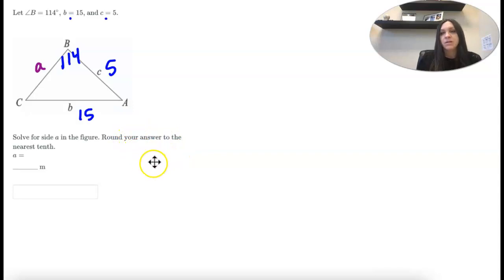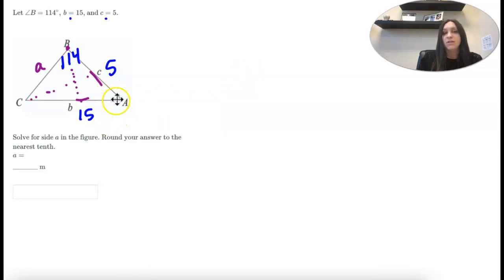Okay, so this is the same thing. We don't have side A or angle A, but we have side B and side C. We can actually use law of sines because this is angle, side, side. So I know this section is law of cosines, but sometimes you should use law of sines if you can.